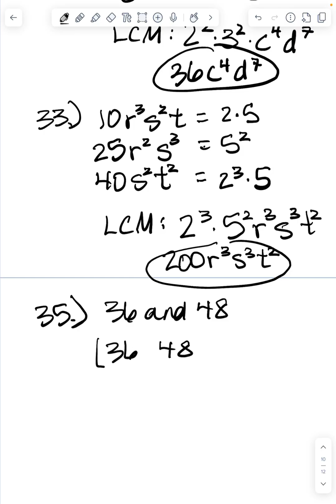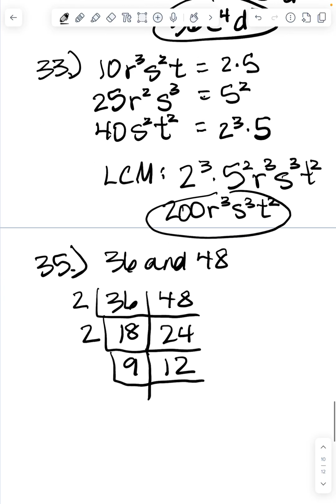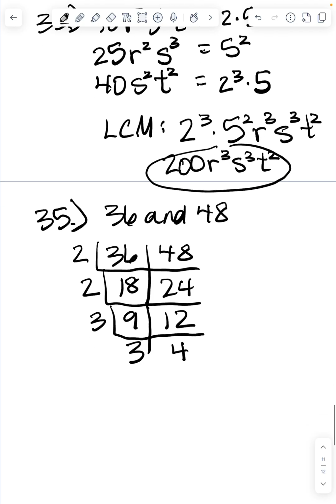I'm going to do a factor ladder on the 36 and the 48. So let's start with 2. That's going to give me 18 and 24. Another 2 is going to give me 9 and 12. Now I'm going to hop to 3. It's going to leave me with 3 and 4.